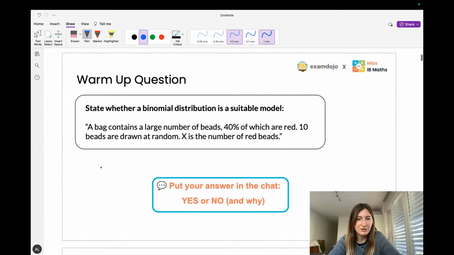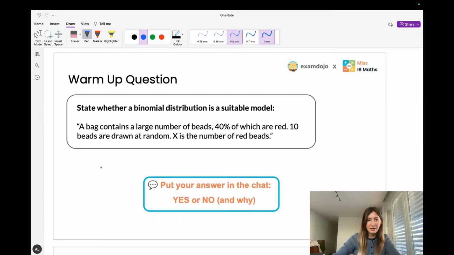All right, so just to get into the zone of mathematics on this Saturday morning, can you answer this question? State whether a binomial distribution is a suitable model for the situation. A bag contains a large number of beads, 40% of which are red. 10 beads are drawn at random, and X is the number of red beads. Does this situation follow a binomial distribution?